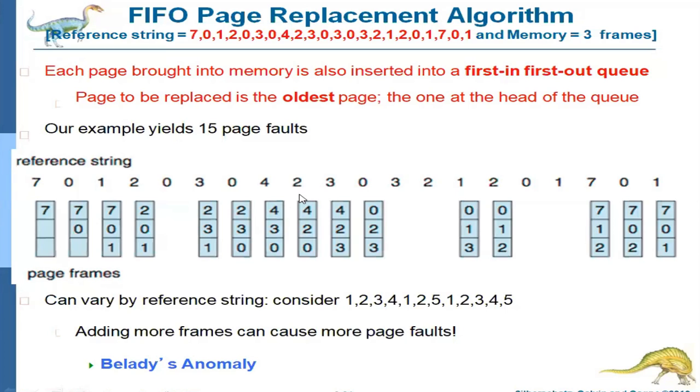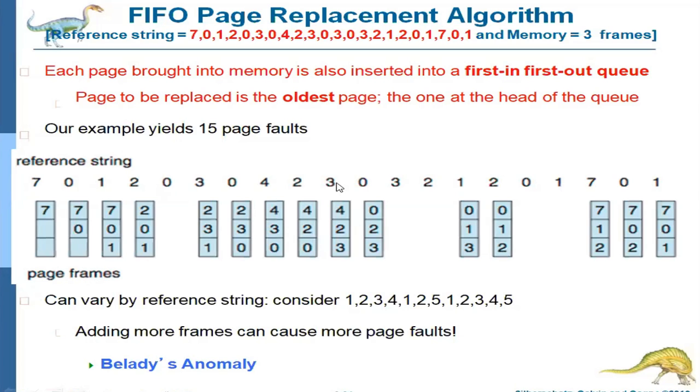Which one is replaced among these pages 4, 3, 0? Which one is the oldest? 4 is not the oldest, so 3 is the oldest. So instead of 3, we have to replace with 2. That means 4, 2, 0.